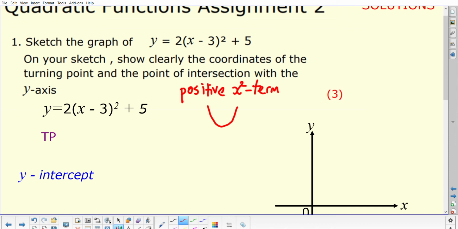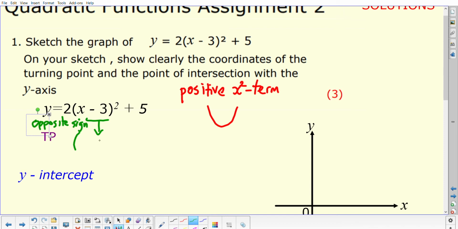So what else can we tell from this equation about the turning point? The number inside the bracket with the x helps you get the x coordinate of your turning point, and it's going to be the opposite sign. Always try and remember that for the x coordinate, it's the opposite sign from what's in the brackets.